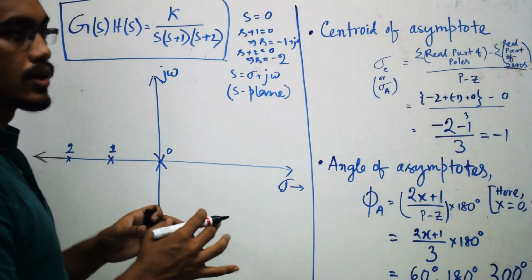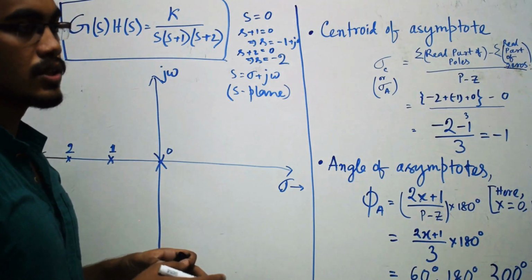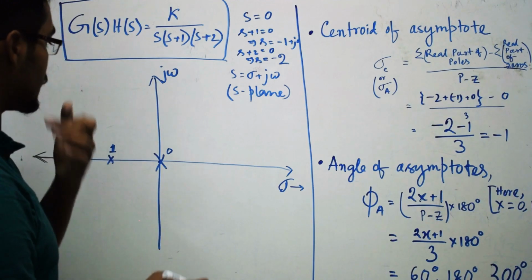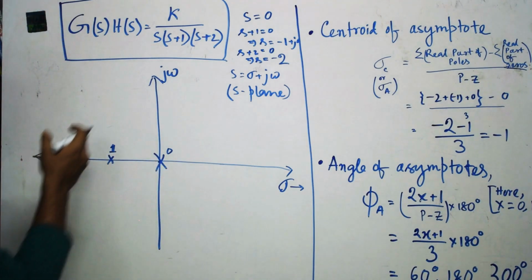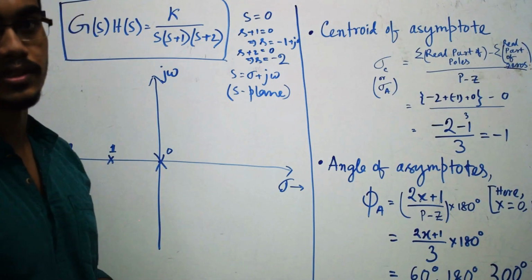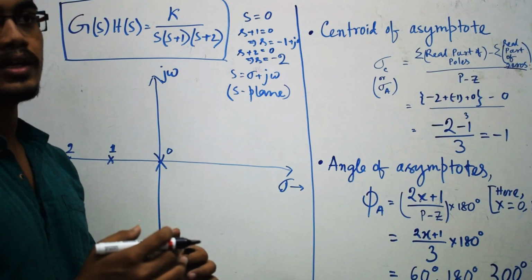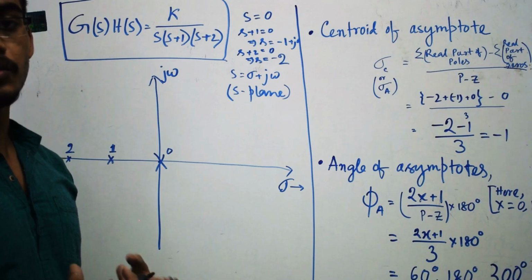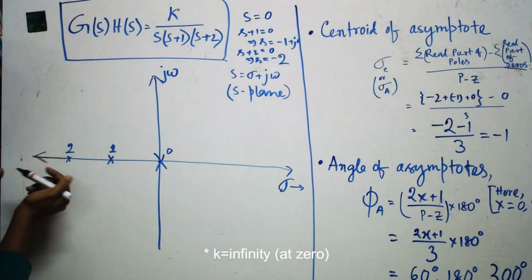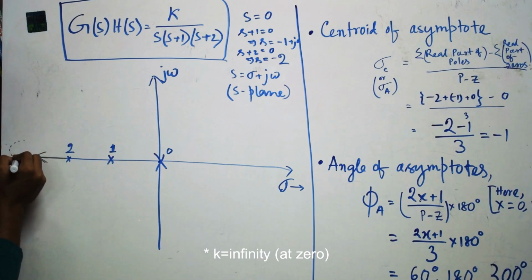Obviously the root locus will emerge to a zero. If there is no zero in a finite position, all the zeros will be at infinite position. Infinite position means where the value of k will be infinite. So we can denote it just like that.